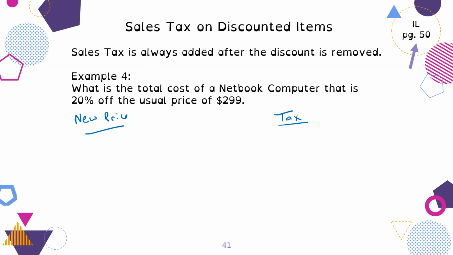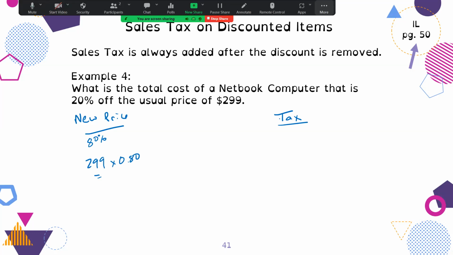or the total. So again, remember there's multiple ways that you could do this. And again, you do what makes the most sense for you. So I'm going to do the new price at 80% because 100% take away 20% is going to be 80%. So 299 times 0.80 is going to give us the new price.